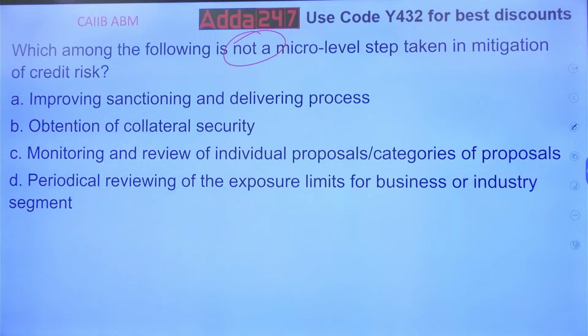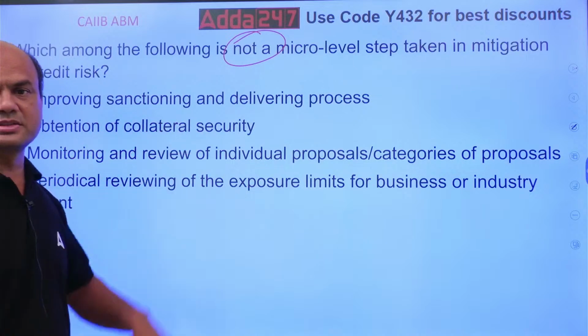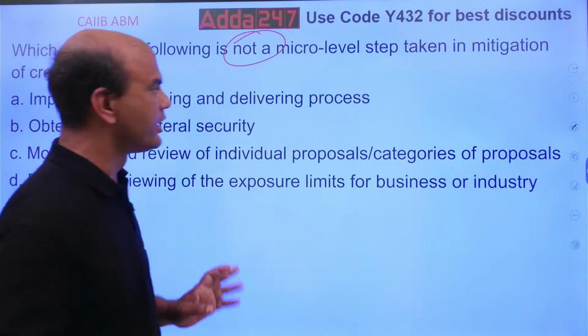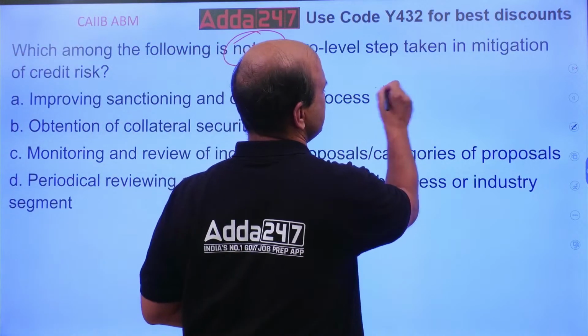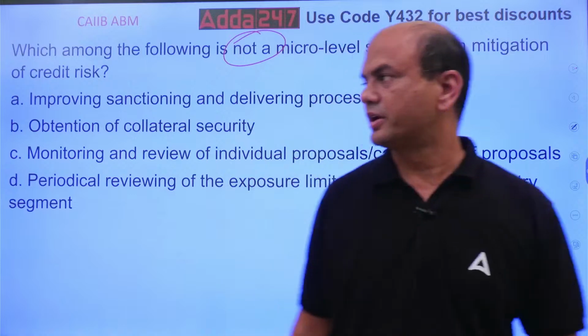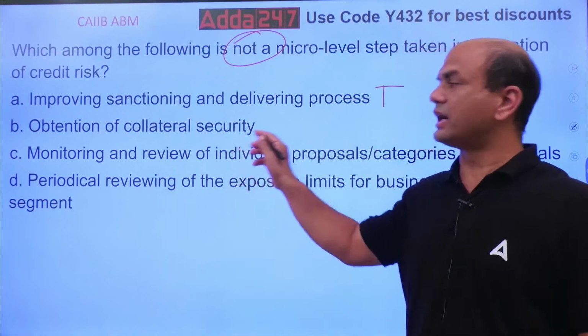We are talking of micro level. Which one is not of micro level? Improving sanctioning and delivering process. This is related to the operations. Micro means operations. So this is true. Obtention of collateral security.